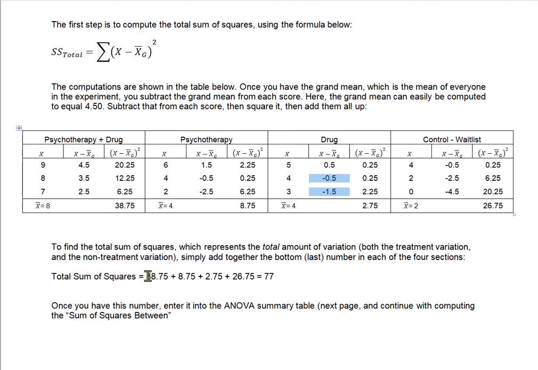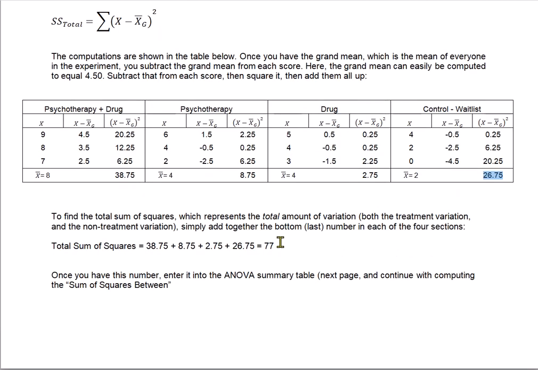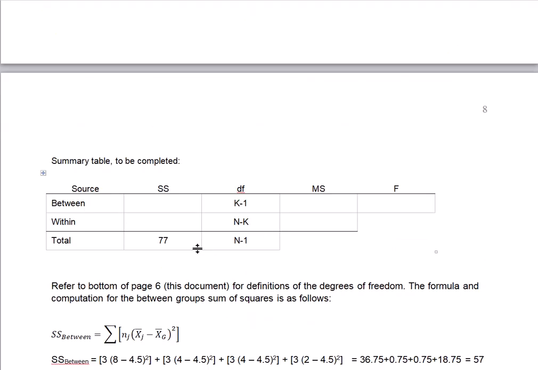And the total amount of sum of squares, which represents the total amount of variability, is what you get when you add this one, plus this one, plus this one, and this one. And you can see the calculation down here. The summing of these different parts of the sum of squares adds up to 77. We're going to put that right here in our table.